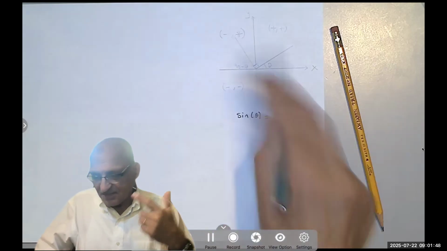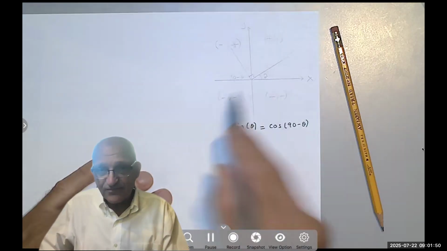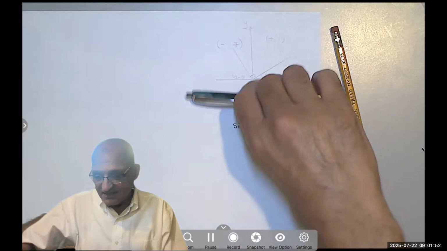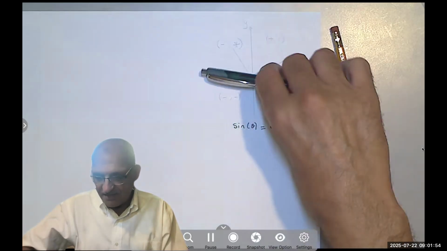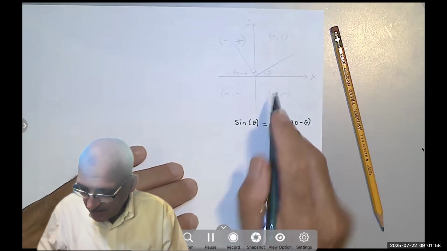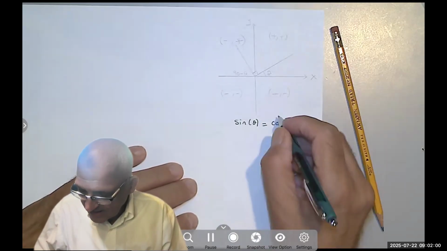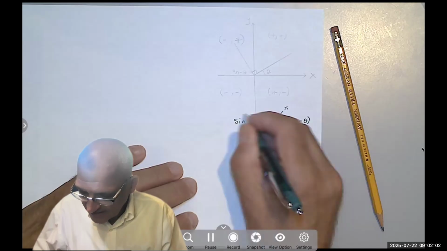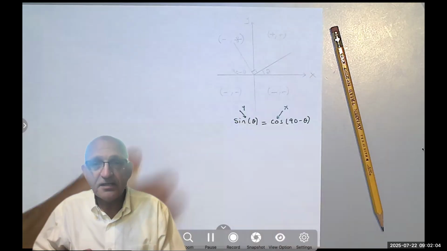In your head, since we are always measuring the angles from the x-axis, then cosine is related to x and sine is related to y.